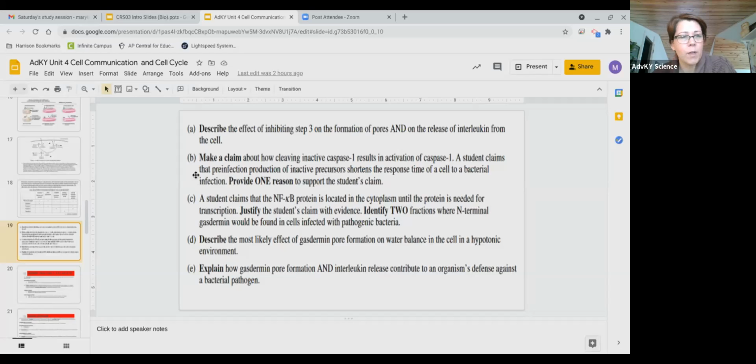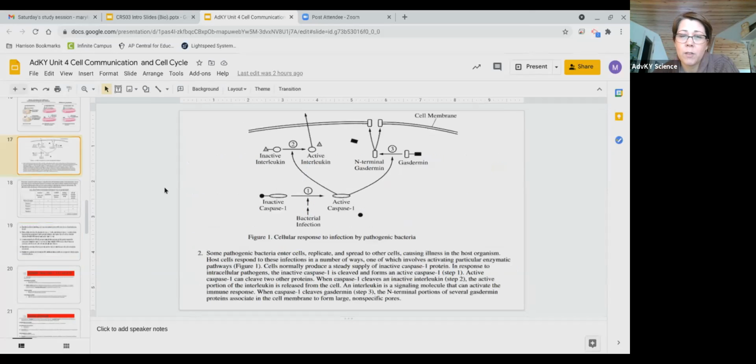And so if you had said that cleaving is faster than making, so the protein was already, all of these were already produced, all we had to do was kind of cut off that other component and it was ready to do its job. So that's much faster than making the whole protein. Or if you've gotten to unit 6, we're not having to wait for transcription or translation to occur to make that protein. So either one of those would have given you a point for that reasoning.